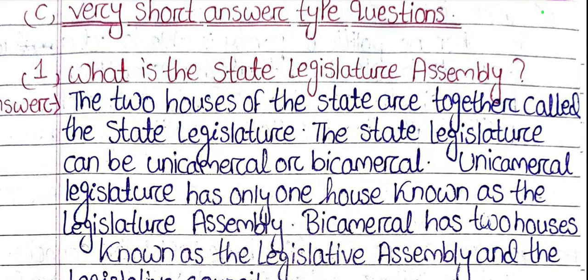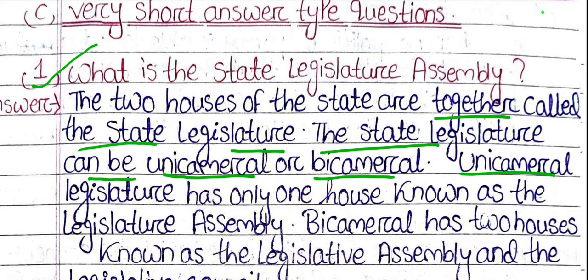Okay. So what is the state legislative assembly? The two houses of the state are together called the state legislature. The state legislature can be unicameral or bicameral. Unicameral legislature has only one house known as the legislative assembly.